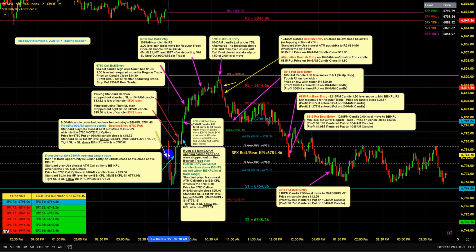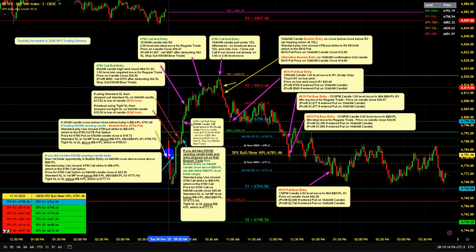Conversely, if it had closed above, then if you wanted to take the 9:30 a.m. opening candle trade, this would be a bullish trade, because the main thing would be it closing above the bull bear KPL. It would not matter if it had opened below and then crossed above, because it would have closed above.